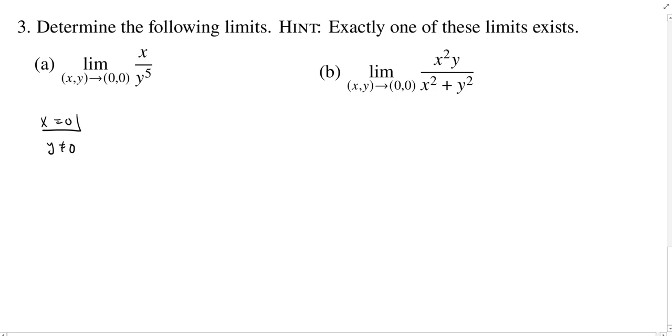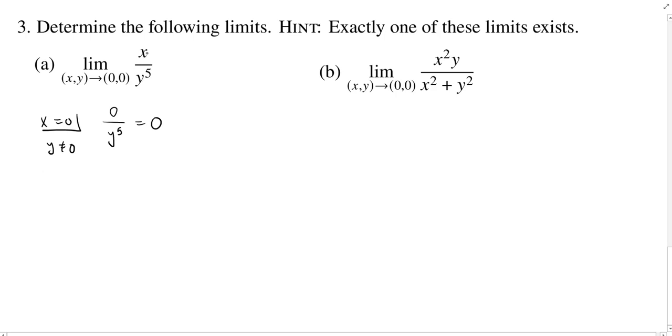So if x is always 0, then we can assume that y is not 0. Along this line, what happens? Well, x is 0, so I get 0 over y to the fifth. No matter what y is, as long as it's not 0, this is going to equal 0. And so along this line, where x is equal to 0, the limit would be 0.